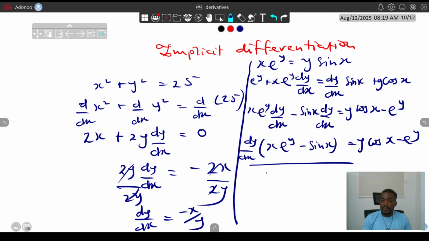We divide both sides by x e raised to the power y minus sine x.